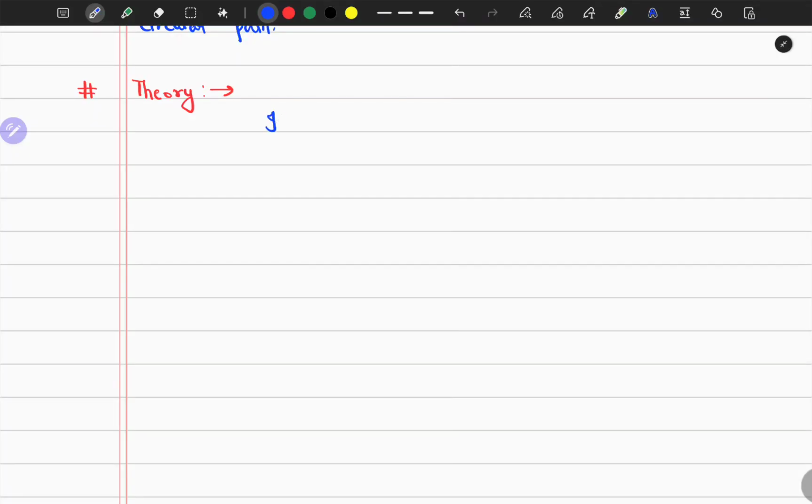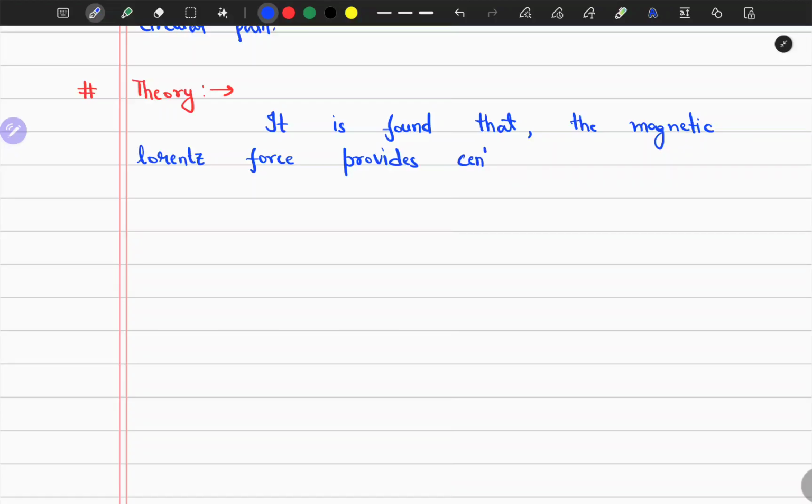So, it is found that the magnetic Lorentz force provides centripetal force to the charged particle.